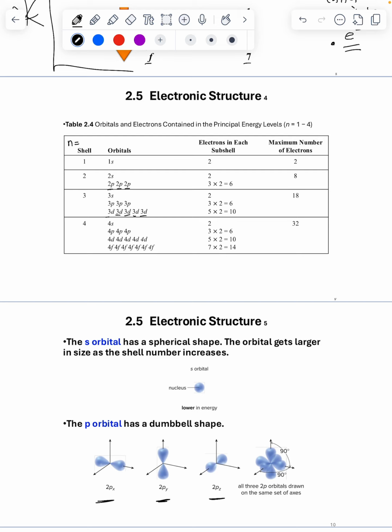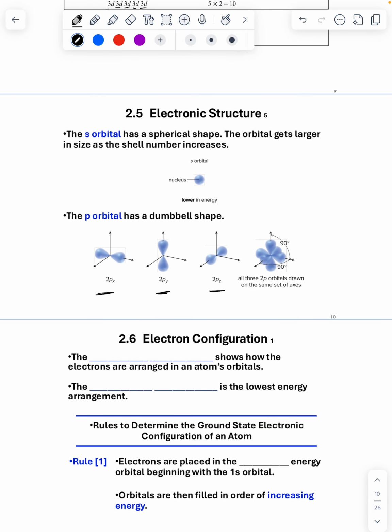I have a slide here that shows you a couple of the different sublevels and the shapes of their orbitals. The S sublevel only has one orbital, and it's a round spherical shape. The P sublevel has 3 different shapes: this is PX, this one's PY, and this one's PZ. And this is what it looks like when all 3 of them are put together.